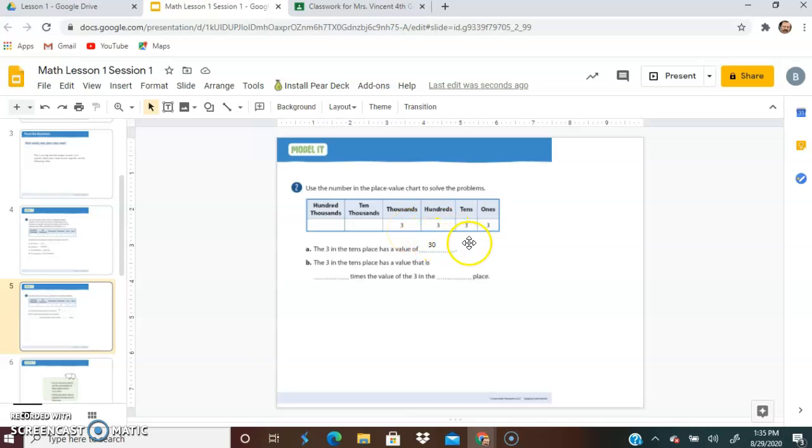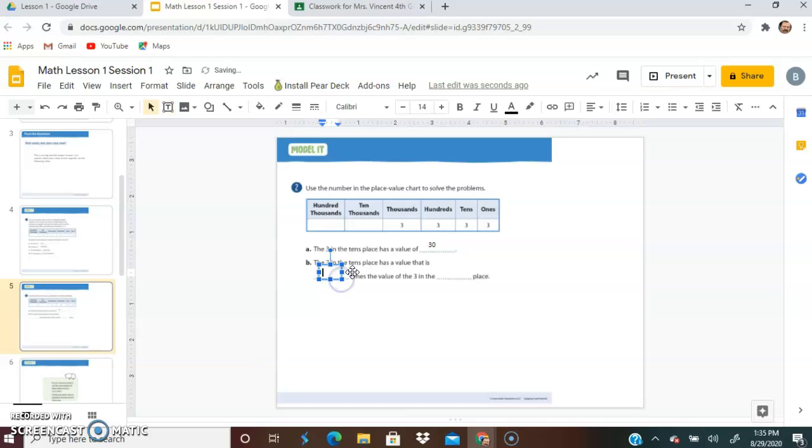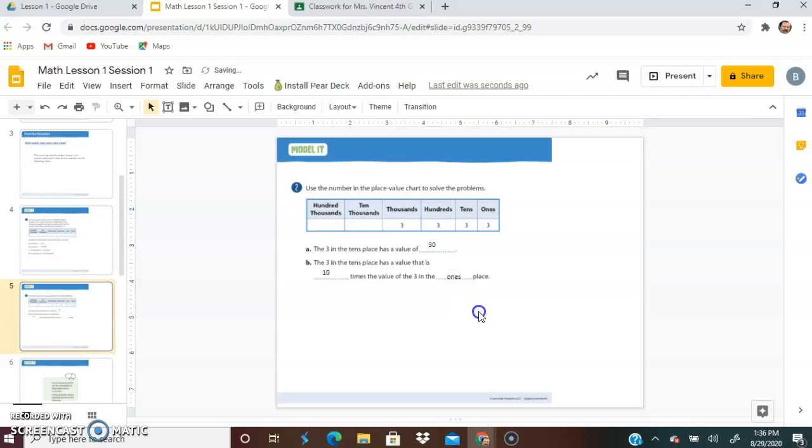So if I have a 3 in the tens place, that value is 10 times the value of the 3 in this ones place, because going from here to here is 10 times as great. So it's 10 times the value of the 3 in the ones place. Get those written in your book.